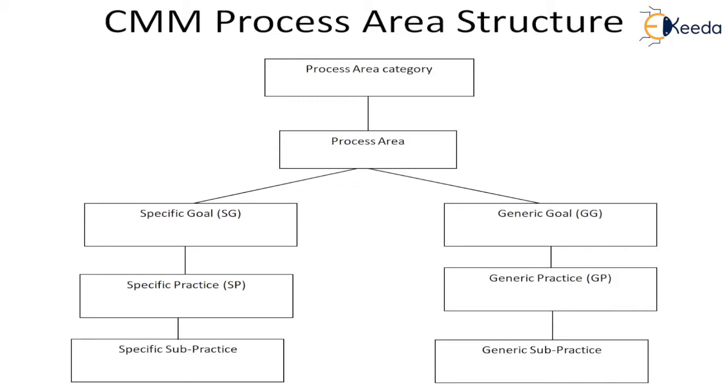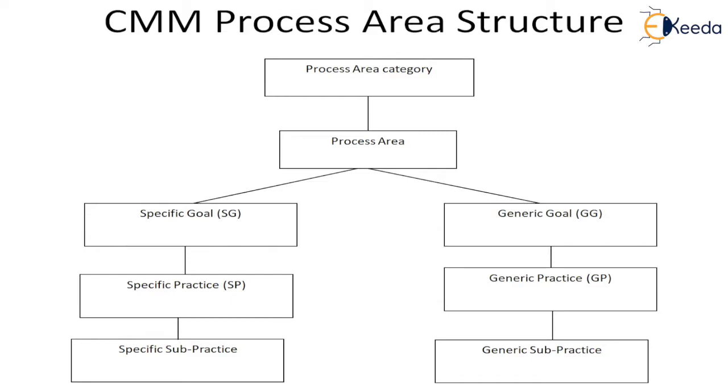So if you take the area structure in a diagrammatic way, you can have a category of processes within which you have process areas. For each process area, there will be specific goals and specific practices, and you can also have specific sub practices under a single practice.